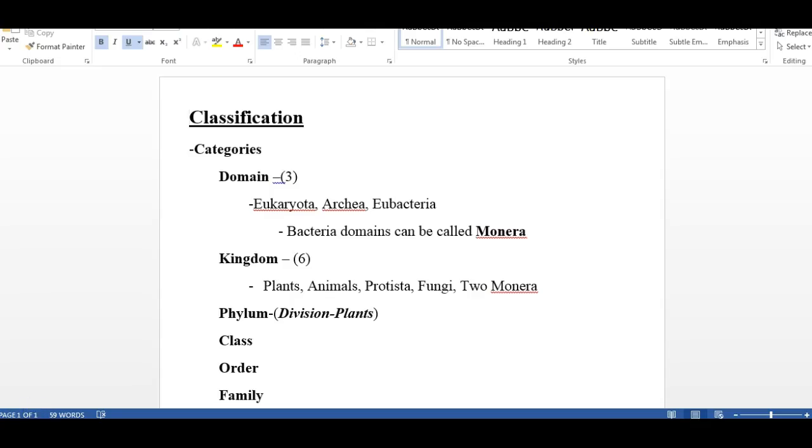Okay, so if we look at these, let's get a pen here, and we have categories. We have the three broad categories of domain, and if you remember these, we can actually even change this a little bit. Eukarya, and we have these three basic ones.